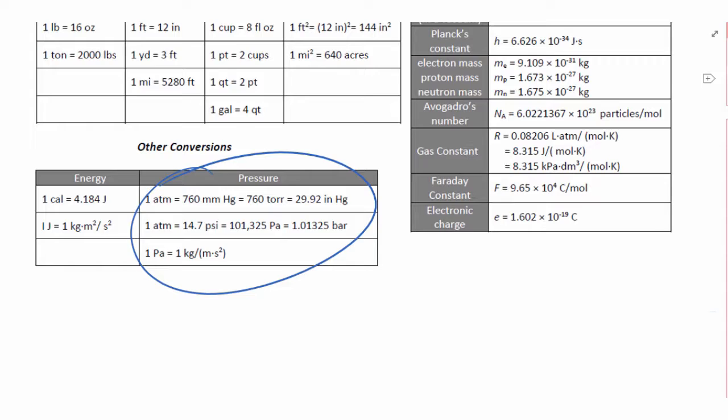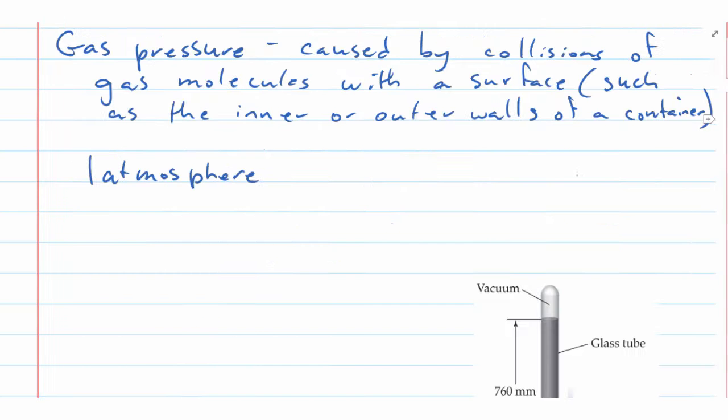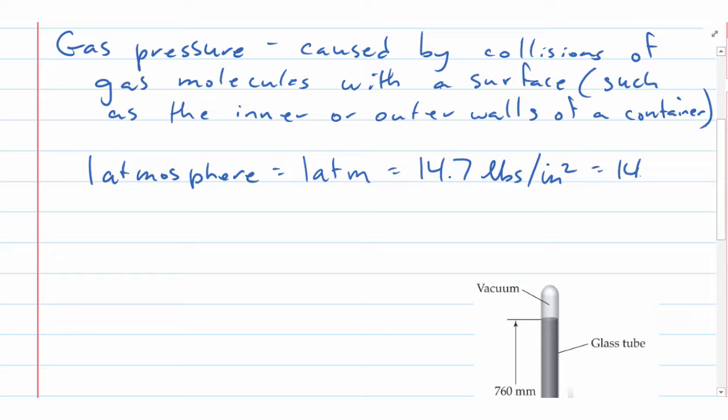The unit of the atmosphere we abbreviate as 1 ATM. And this has a value of 14.7 pounds per square inch, which we also write as 14.7 psi. This is also equal to 29.92 inches of mercury, which is the same as 760 millimeters of mercury.